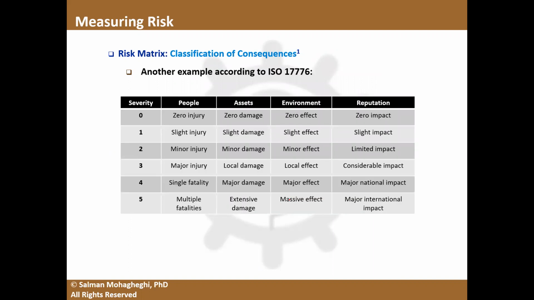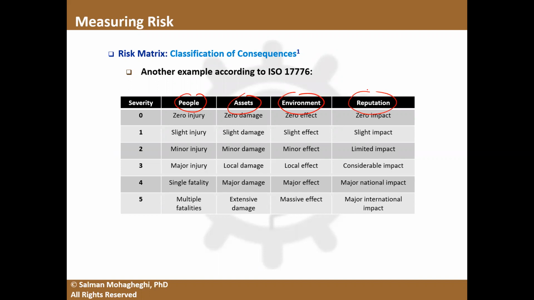One of the better ways to do this is to use a definition based on ISO 17776, which looks at the severity of consequences quantified from 0 to 5. And again, here you can see that it divides it based on people, assets, environment, and reputation.